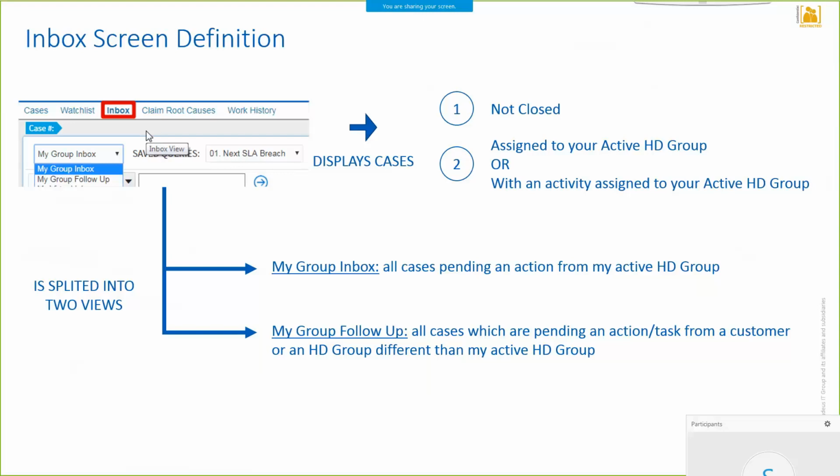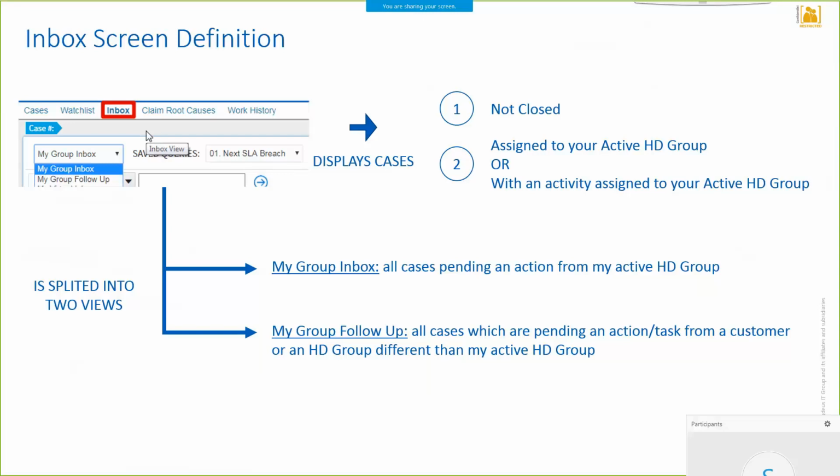The second view is my group follow-up. It's going to display all cases which are pending an action or a task from a customer or a helpdesk group different than my active helpdesk group. Let's take an example right here. I have a case incoming. I need to acknowledge the case. I acknowledge the case and I assign it and follow up to another helpdesk group.